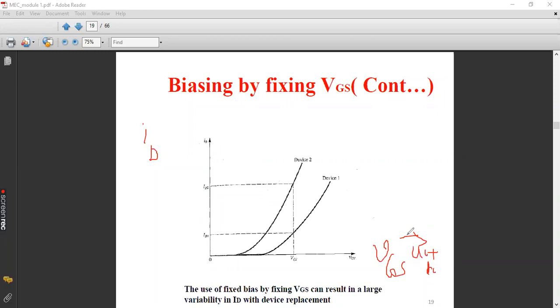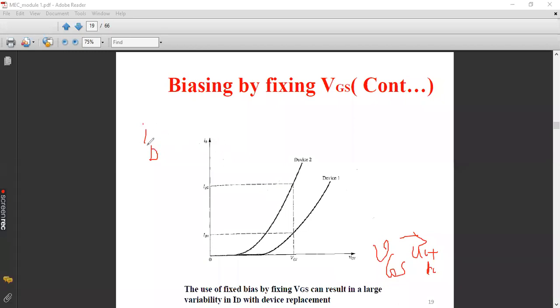I've been using a DC supply for fixing the biasing. Apart from that, I'm giving an AC input signal to be amplified. So the circuit analysis takes the effect of both AC as well as DC. So to indicate that, in the x-axis, I'm plotting small letter v with capital GS as the subscript.